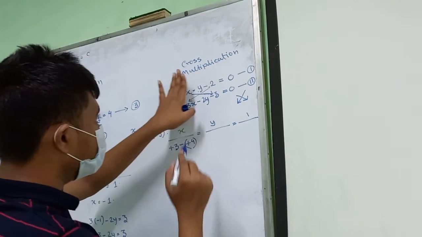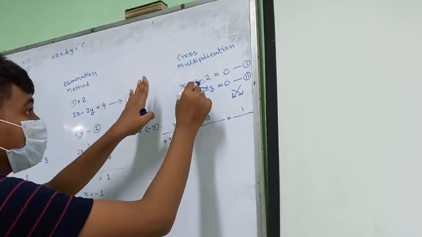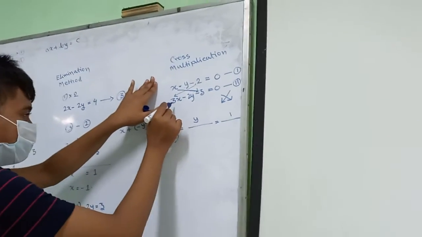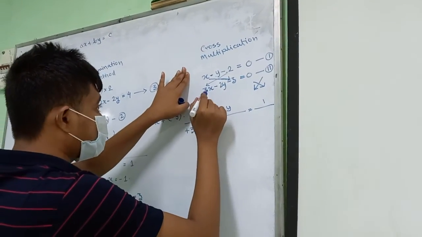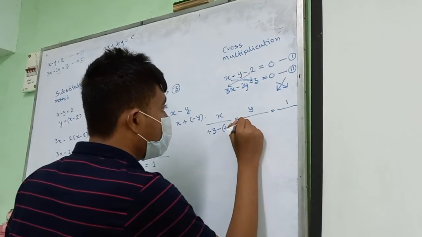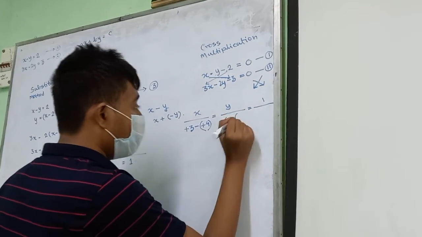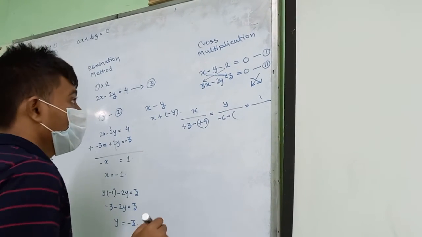So see, if I multiply from this to this, -2 is the coefficient of this value, and what is the coefficient of x? It is 3, right? So -2 into 3 is -6. Then the formula says we have to add a minus sign and continue multiplying.